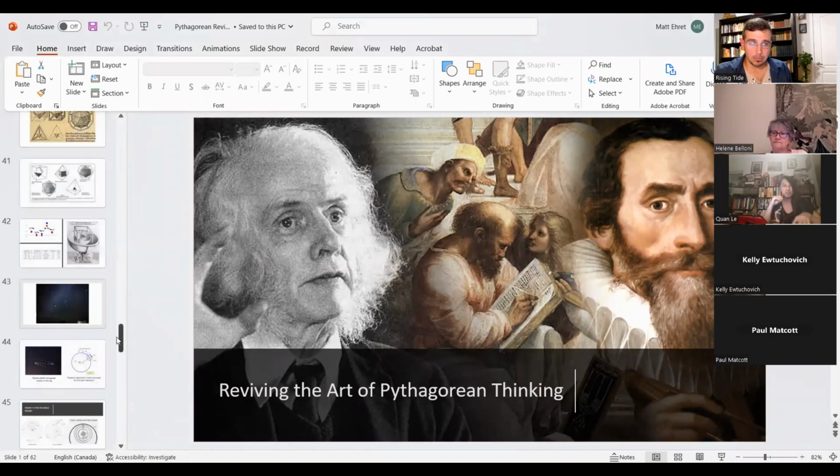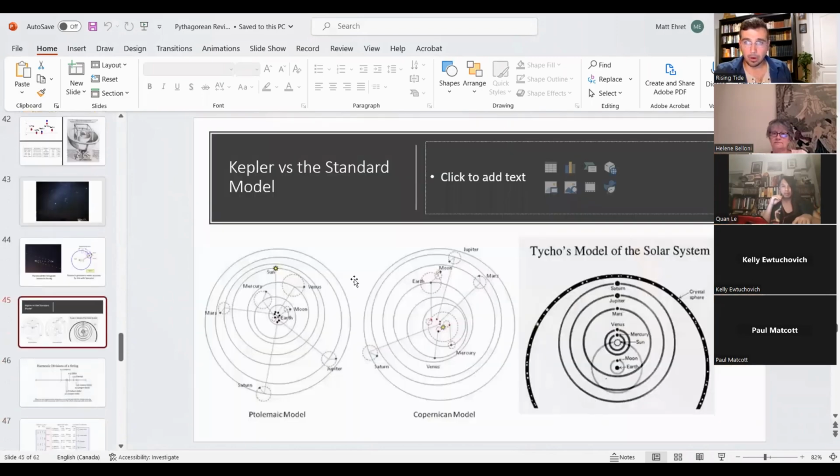Mm-hmm. Yeah, I mean, I think harmony. It's important to just keep in mind that Tycho is a really great, honorable, honest scientist who did a lot of really good data collection, but he lacked a quality that Kepler did have. In Tycho's system, he never really broke with the underlying axioms of the standard model of the day.